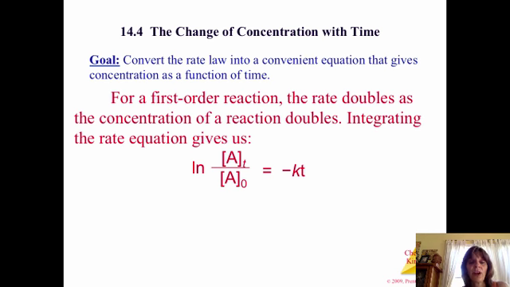So if we talk about a first order reaction, when the rate doubles, the concentration doubles. Now if you integrate that to get rid of that curve, to understand what's happening to that change, it gives you something called the natural log of the concentration at any time t divided by the concentration at the initial moment.